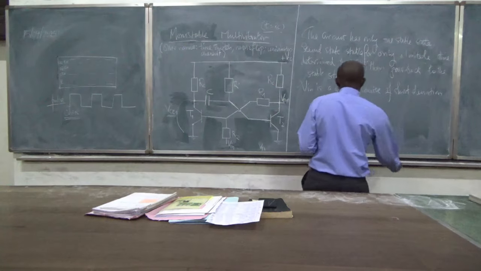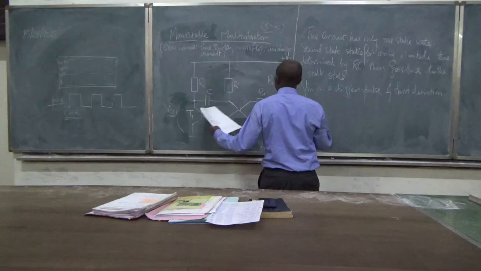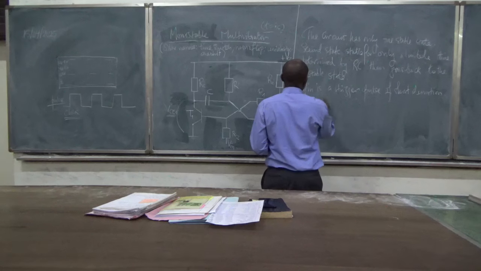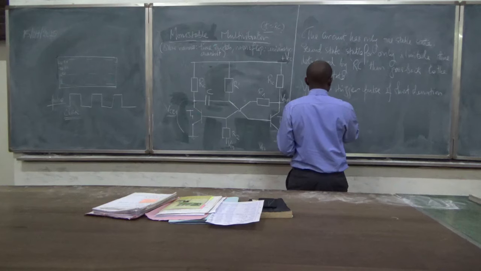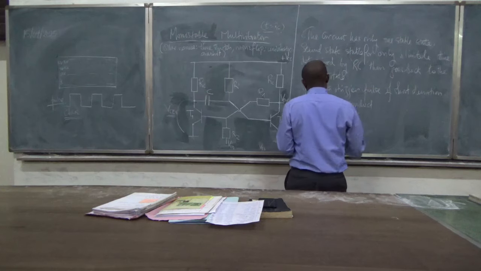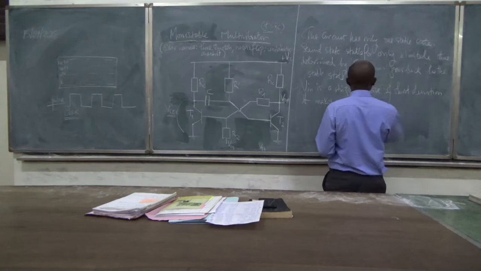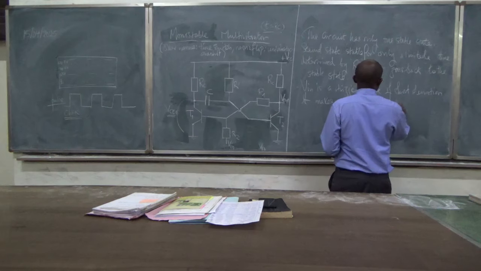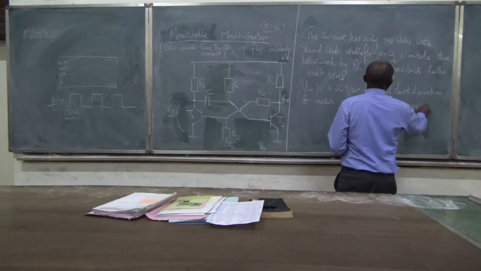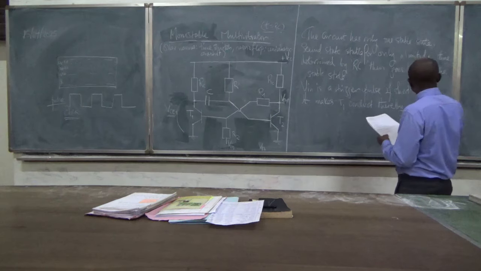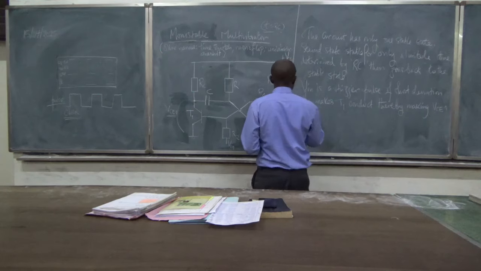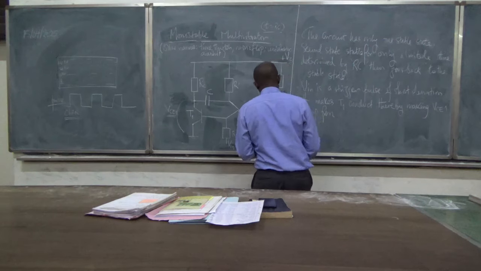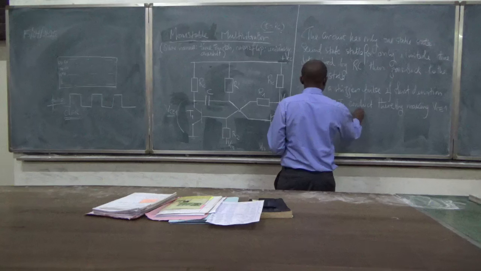So if it makes this V in here, it makes the transistor T1 conduct, and this conduction will be able to, thereby making VCE1 jump from plus VCC to 0.